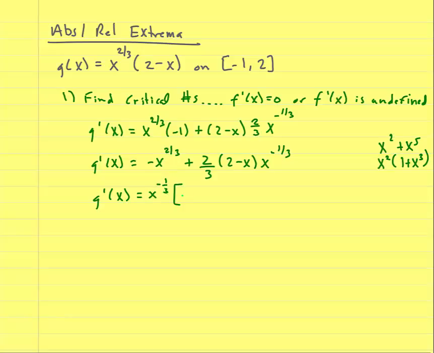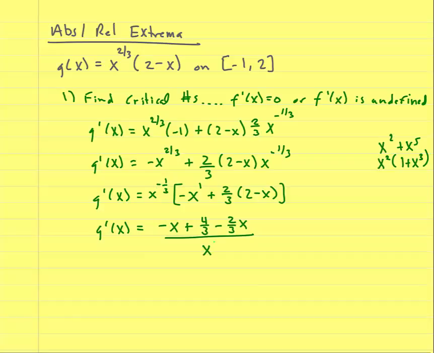If I pull out that x to the -1/3, I'm left with x to the first, because -1/3 plus 1 would be 2/3, plus 2/3 times 2 minus x. And again, this isn't really ready yet to set equal to 0. This x to the -1/3 is going to flip down into the denominator. In my numerator I have -x plus 2 times 2, 2/3 times 2 is 4/3 minus 2/3 x.